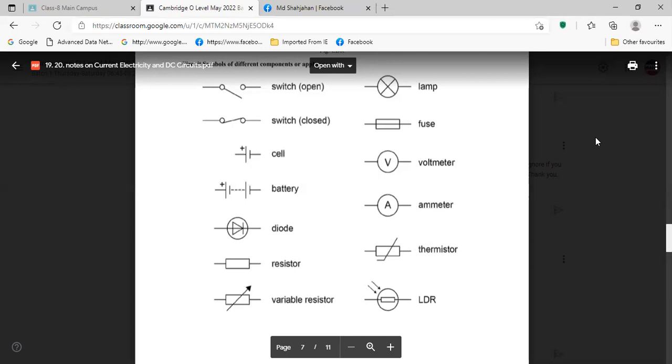That's why diode is known as rectifier. Then variable resistor, already you know the resistance can be varied. That's called variable resistor. The resistance value can be varied. That's called variable resistor. You finish drawing, then we will write some of their definitions.